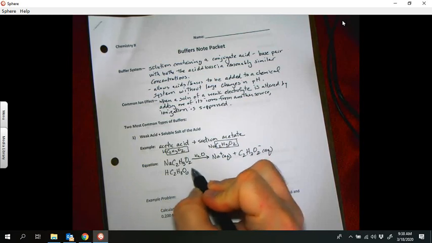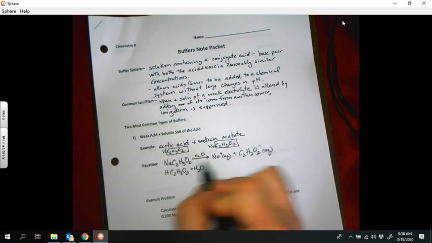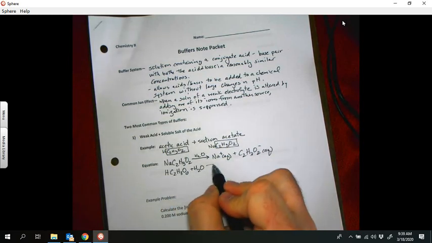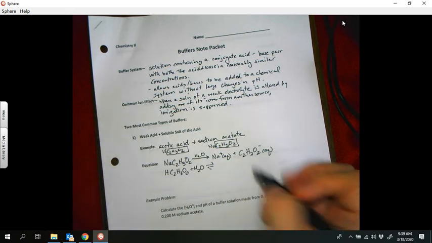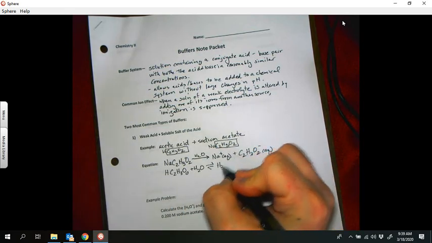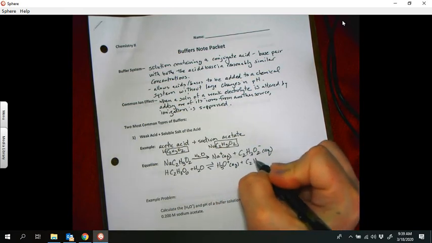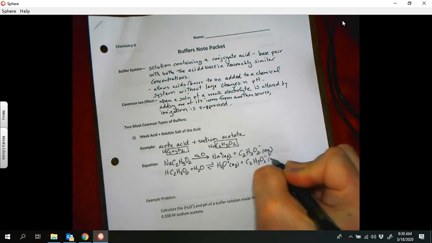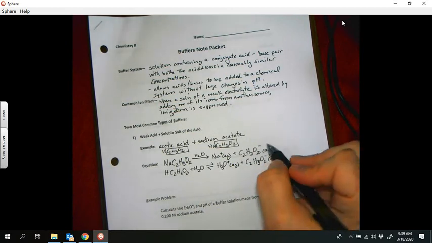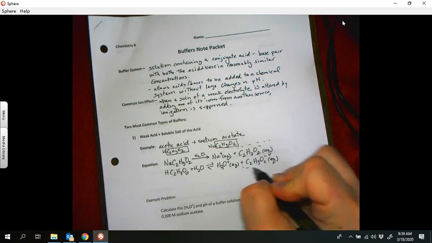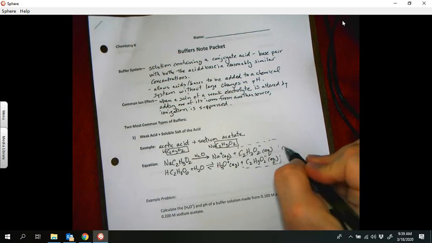When it mixes with water, it doesn't have a straight arrow, it has a double arrow for equilibrium. And we know that this partially ionizes, so we get some H3O+ and some C2H3O2- from this. Right here is our common ion.